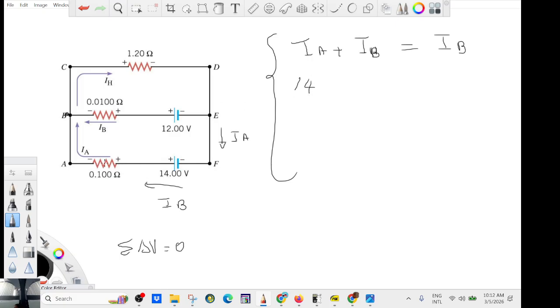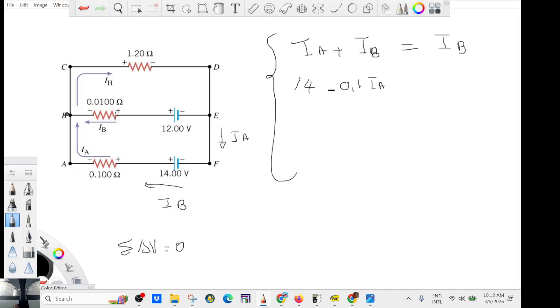And then you see here, because you're going with the current, it's going downhill. So it's a drop. Do you agree? Current is like water. So it's going to be minus 0.1 IA. Oh, look at that. I'm going uphill like a salmon.